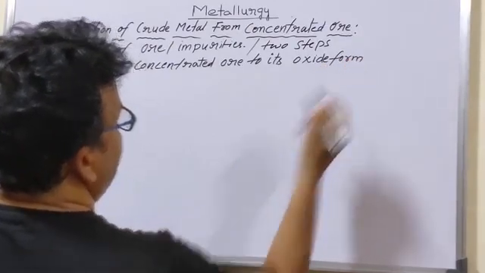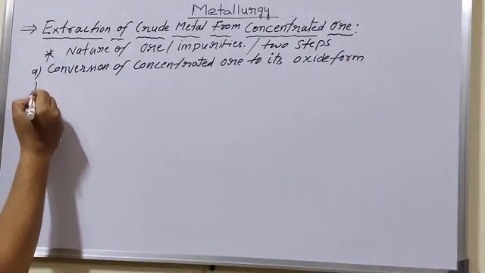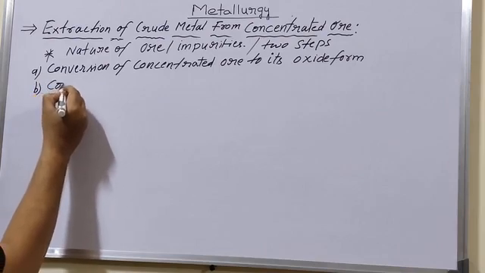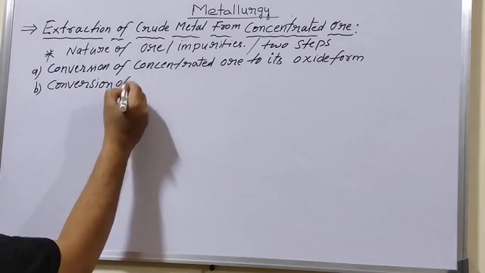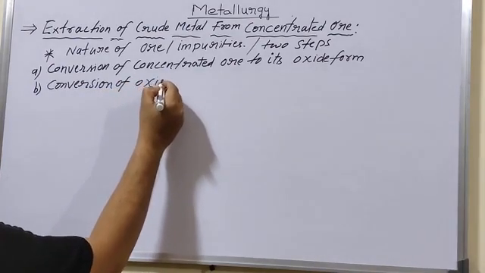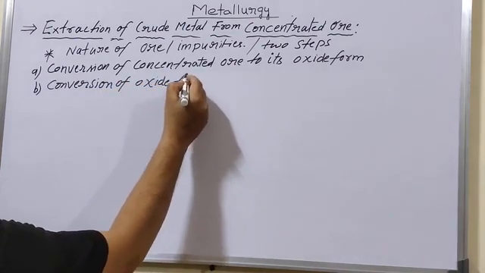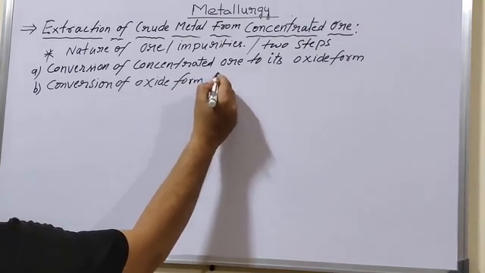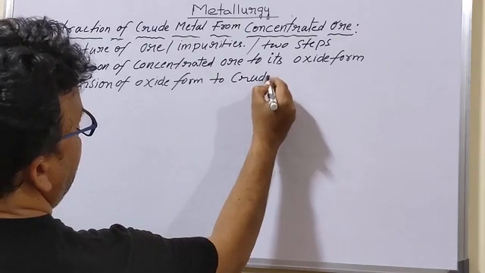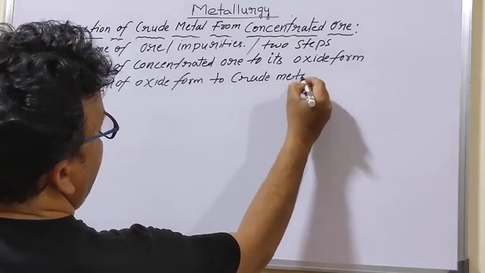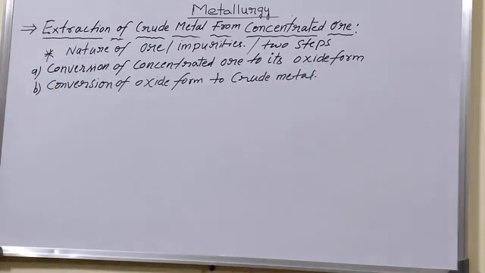This is the first step. Step 2: conversion of oxide ore, or oxide form, to crude metal. These are the steps involved.